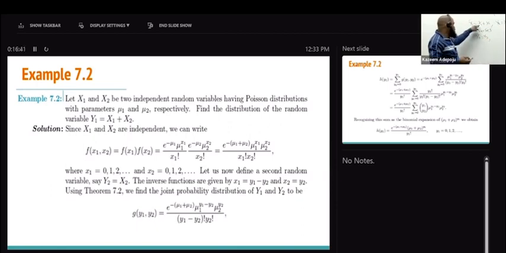Then I need x1. If you look at this, y1 equals x1 plus x2, and instead of x2 I plug in y2. Then what is my x1 now? My x1 is y1 minus y2. This is the inverse of x1, and that is for x2. What am I going to do now?